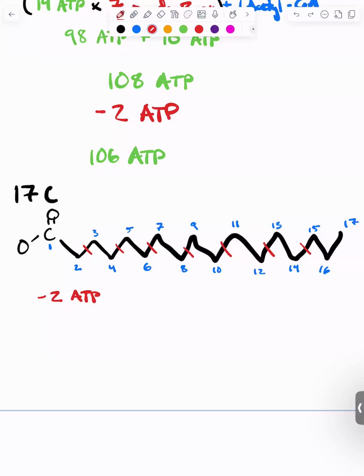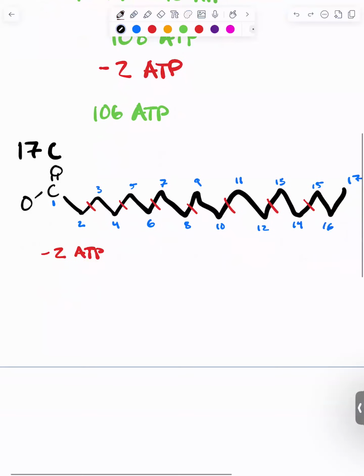And if we write all that out, it's the same deal where we can do 14 ATP times 7. Let's count them up: 1, 2, 3, 4, 5, 6, 7 rounds of beta oxidation.